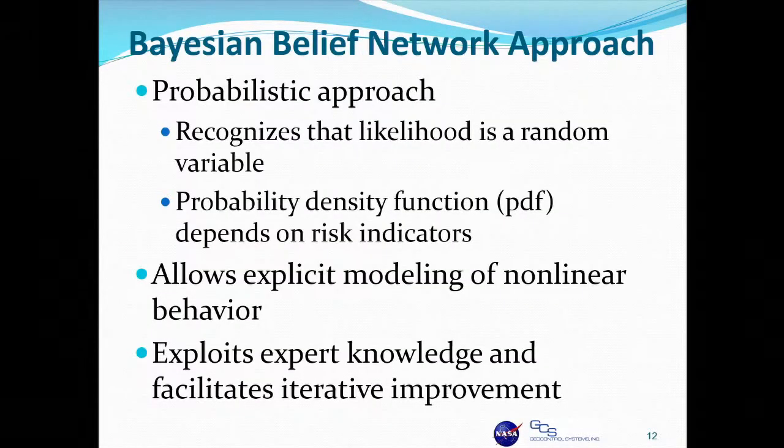So in order to do that, the method that we developed uses a Bayesian belief network. A Bayesian belief network is a probabilistic approach to combine evidence. You can use a belief network in 2 main formats.